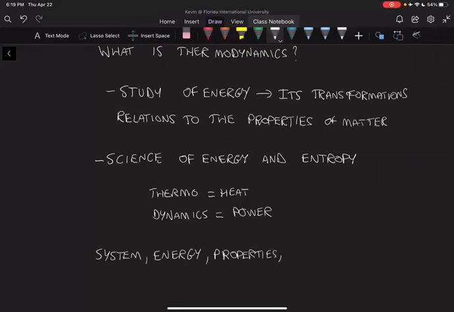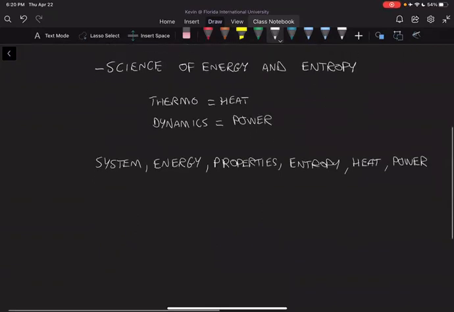We're also going to define entropy. And of course, we're going to define heat and power. This is going to be defined throughout the course, so we're not going to look at all of them today. We're going to start with the definition of a system first in our class.